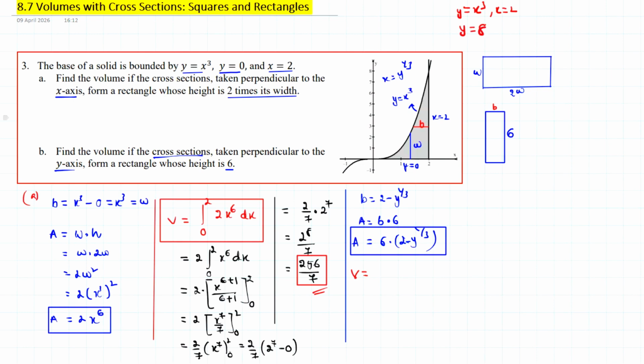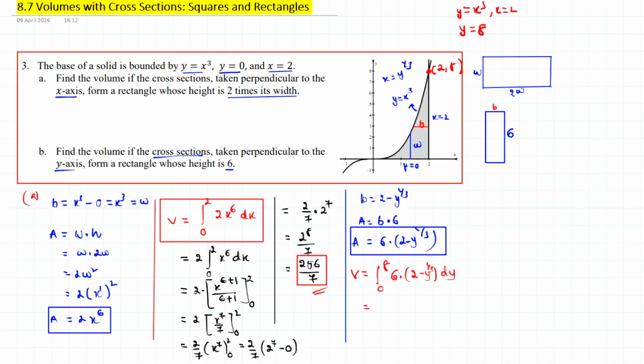So (2, 8) is the intersection point. Now we have to integrate the cross sections from y equal to 0 to y equal to 8, and the area of the cross section is 6 times 2 minus y to the power 1/3, with respect to dy.